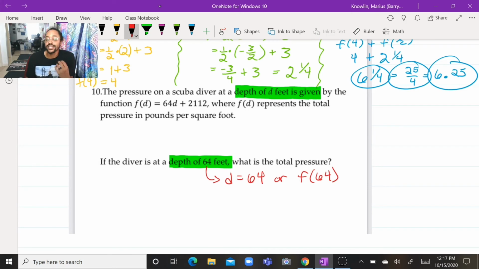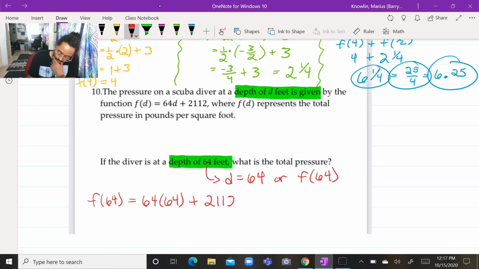Either way, they're telling us to substitute 64 for d. So f of 64 equals 64 times 64 plus 2,112.